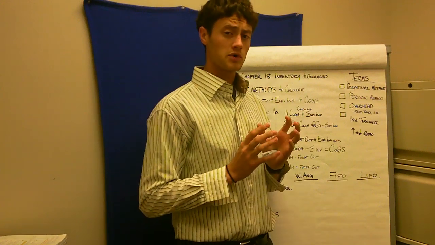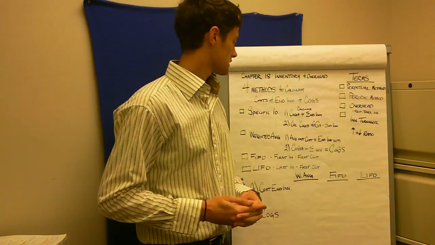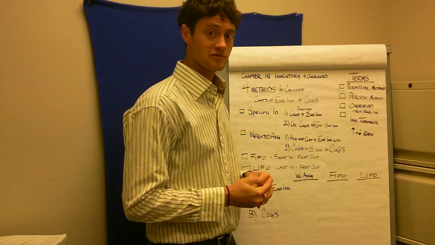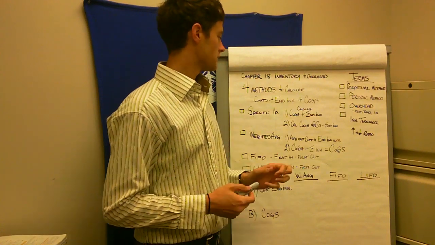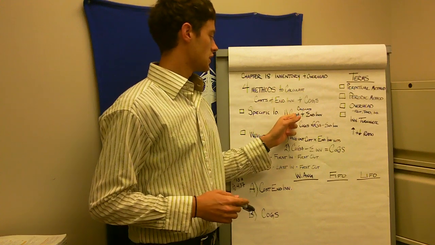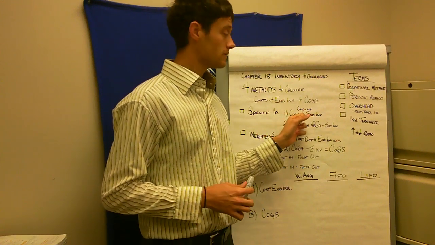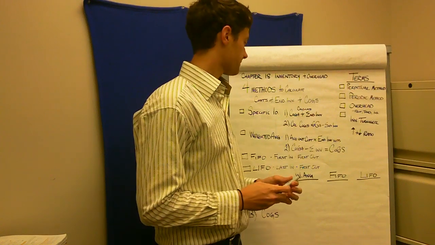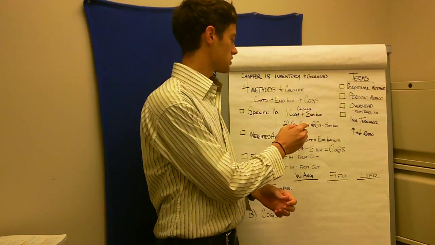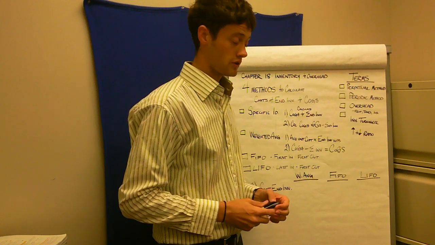You're going to get the most accurate. This could be the most time-consuming depending on what type of widget or vehicle or business you deal in. But what you do is you figure out your cost of goods available, and also you calculate your ending inventory. You subtract those from each other to get your cost of goods sold.